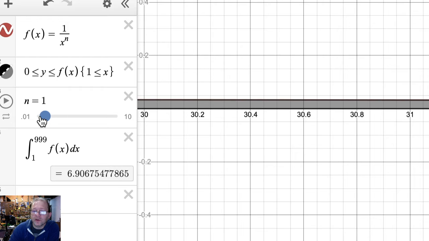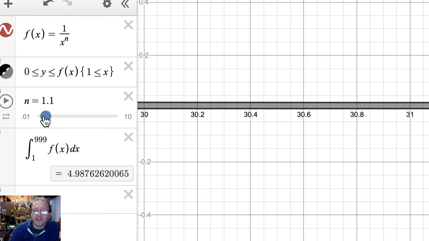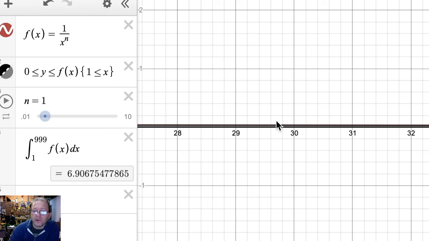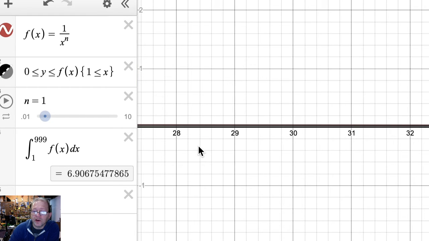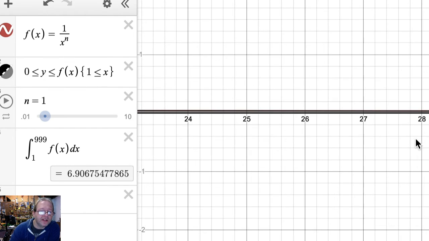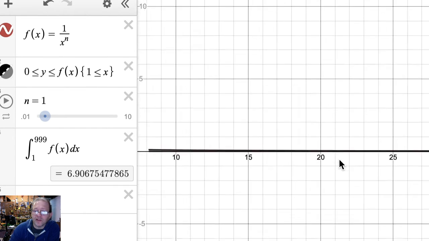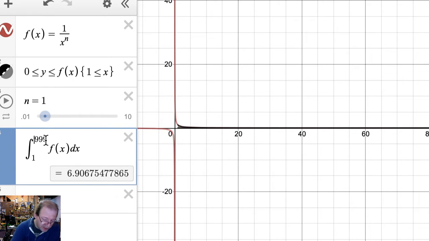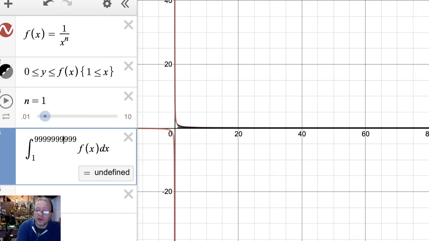And 1 is actually called a bifurcation point, where things change qualitatively. When we get to 1, the area becomes infinite. It's not easy to see here because I'm only integrating from 1 to 999. But if I make this bigger and bigger, notice how that number gets bigger and bigger.